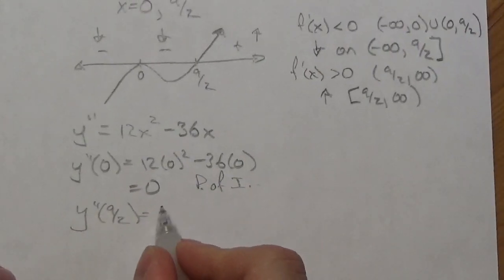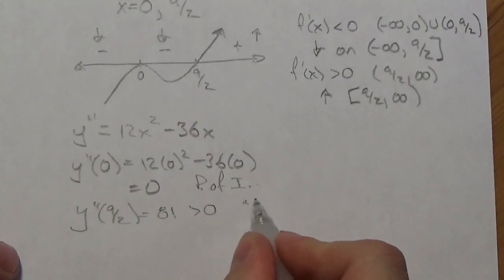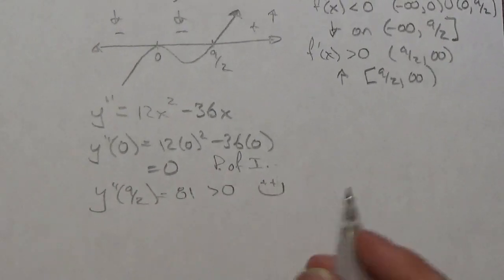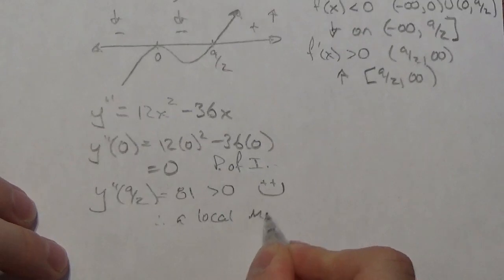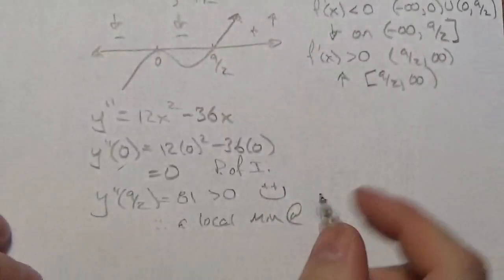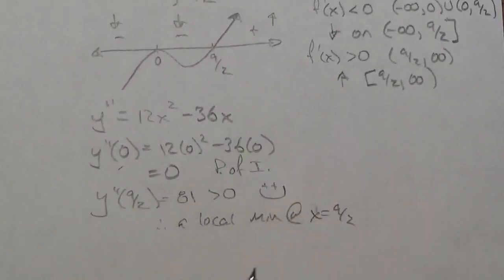Yeah, that's going to be 81. And that is greater than 0, so this thing is going to be concave up at that point, which suggests, therefore, a local min at x equals 9/2. And again, I already knew that. I already had a clue there.